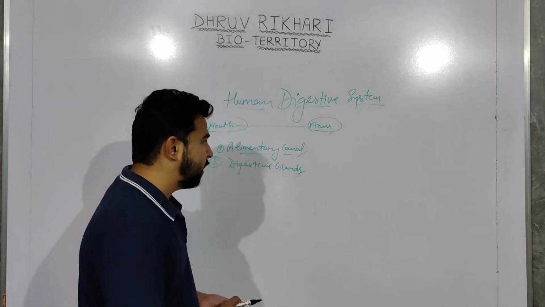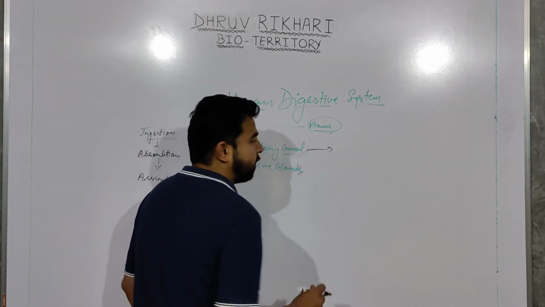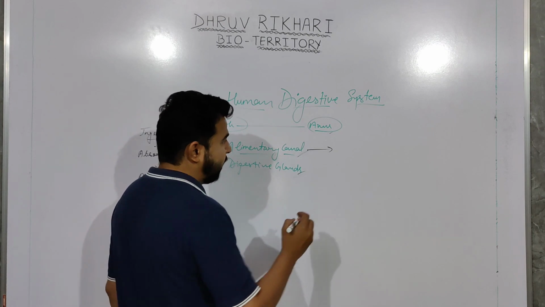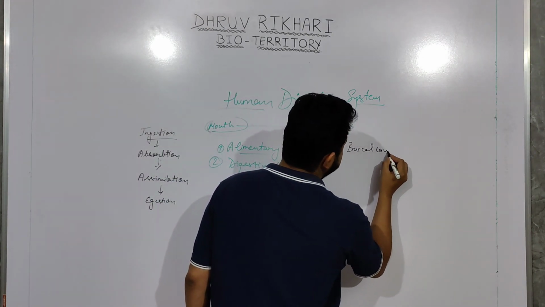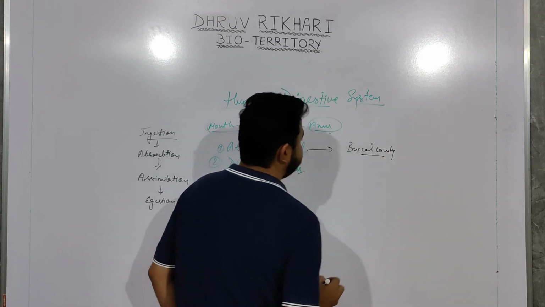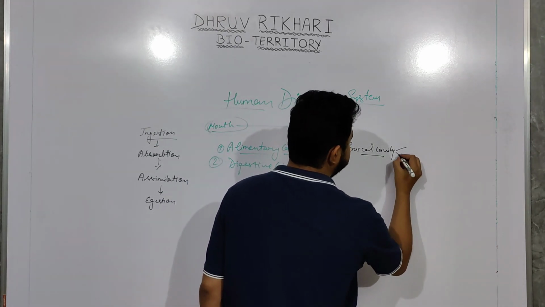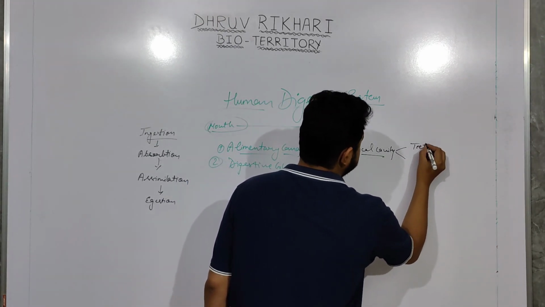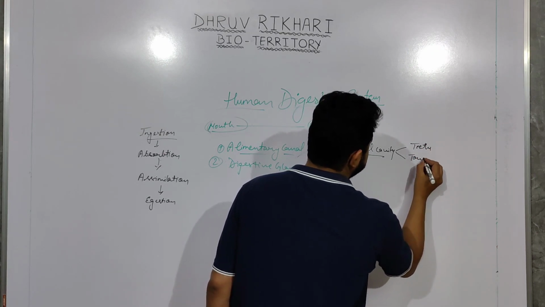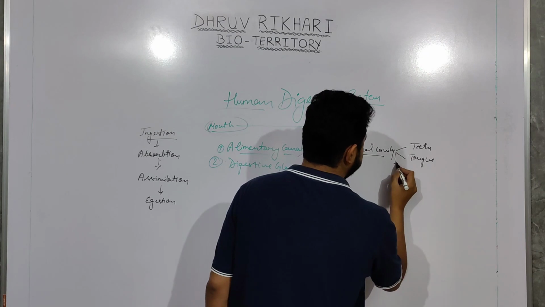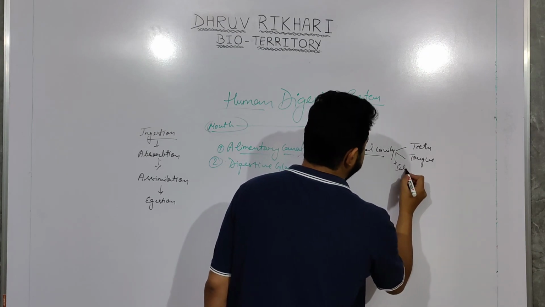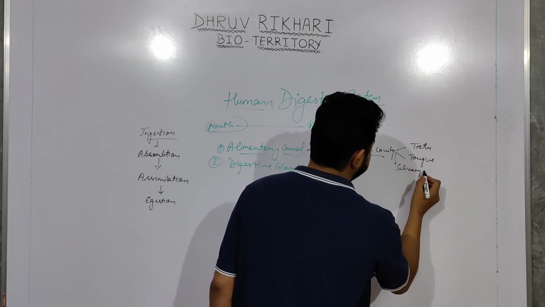and through this canal the food is passed, starting from the buccal cavity. In the buccal cavity there are teeth, tongue, salivary glands.